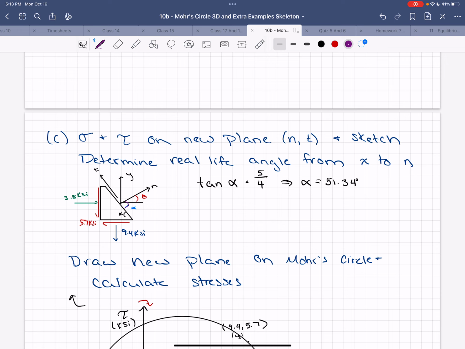So theta equals 90 minus alpha, which equals 38.66 degrees. Now we have to pay attention to what direction it's going.